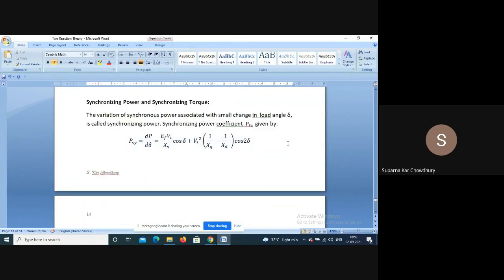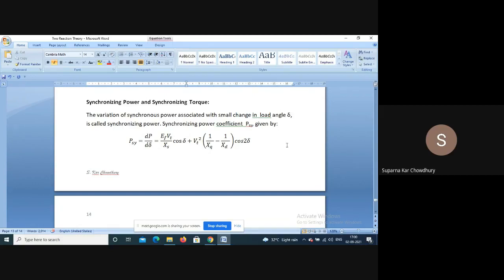Now, the salient pole machine is also a synchronous machine, so it has an inherent tendency to remain in synchronism. So whenever there is some disturbance, the machine will develop synchronizing torque, that is, synchronizing power and synchronizing torque. Now, the synchronizing power coefficient for a synchronous machine is defined as dP by d delta.